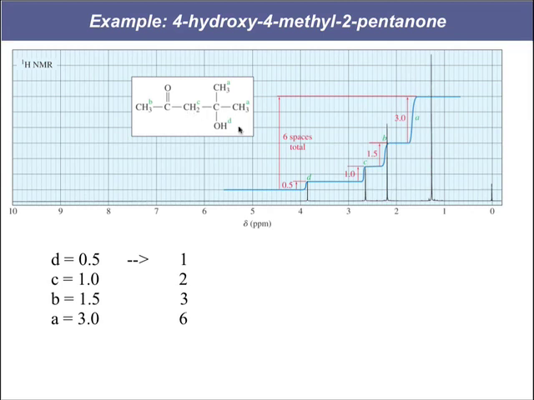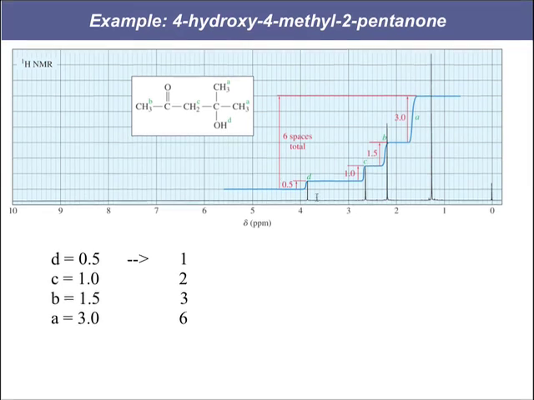Now, thinking about where these should shift, remember our OH should be the most deshielded. This H is closest to the oxygen, closest to a deshielding group. And we said that those show up between 2 and 5, depending on our concentration. So here's something at just below 4. That should be our D peak.